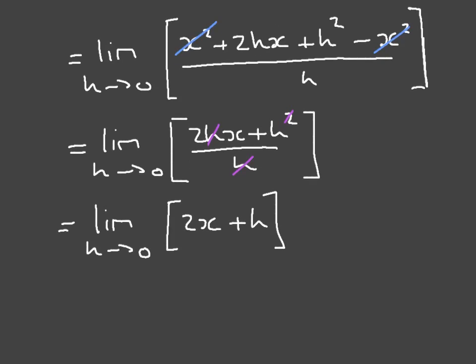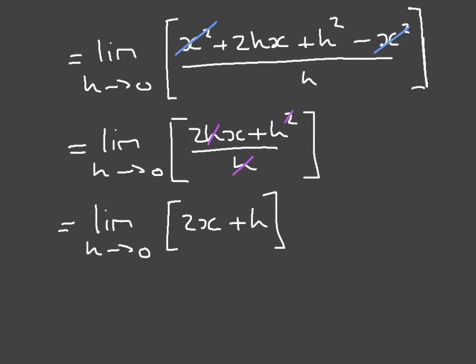But now when we take the limit as h tends towards 0, this means that we're looking at the value of this expression here when h becomes infinitely close to 0, so close that we can't distinguish h from 0. So what kind of value is this expression going to get closer and closer to the closer h gets to 0?